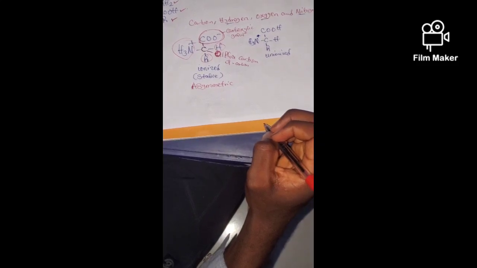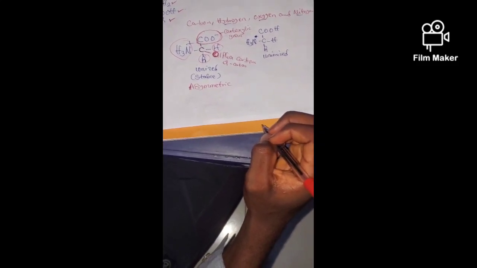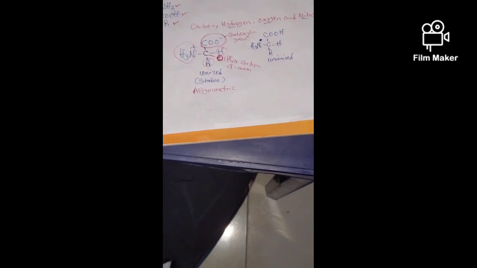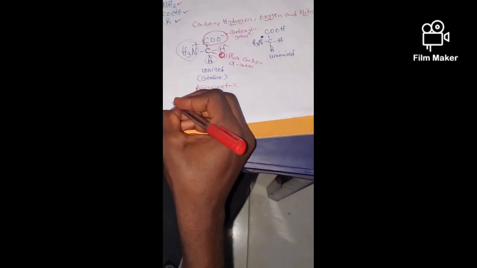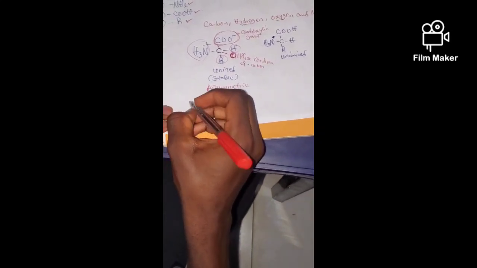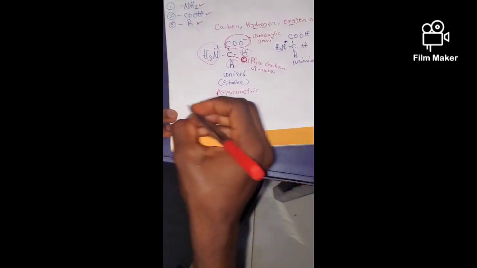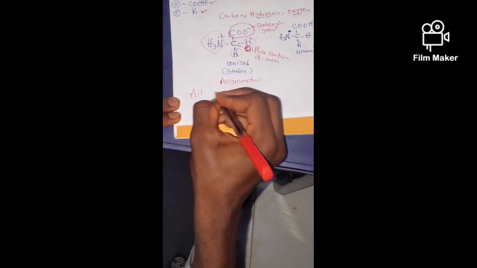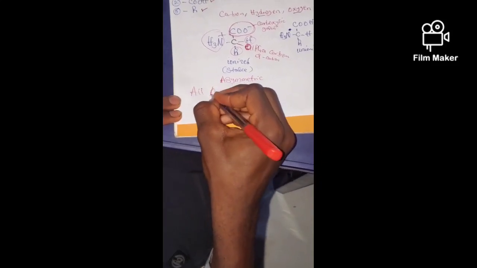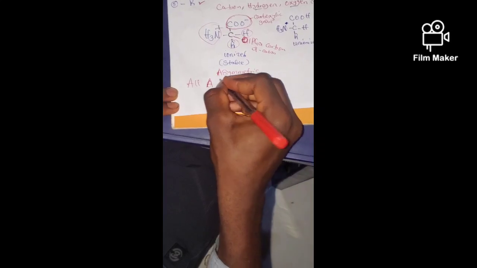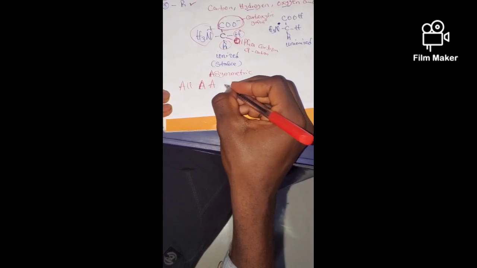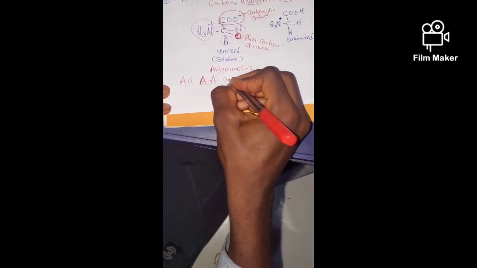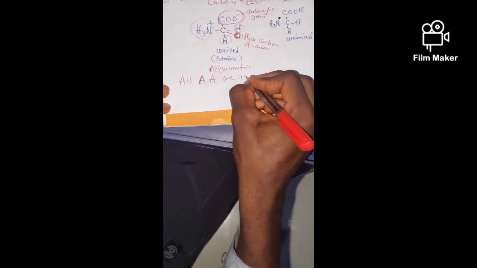Asymmetry is not possible in the structure of glycine. All right, I'm going to take that again. You should take note of this: all amino acids, which I will abbreviate AA, are asymmetric except glycine.